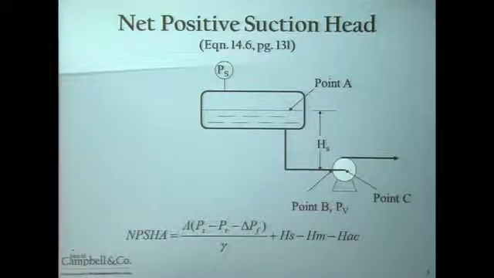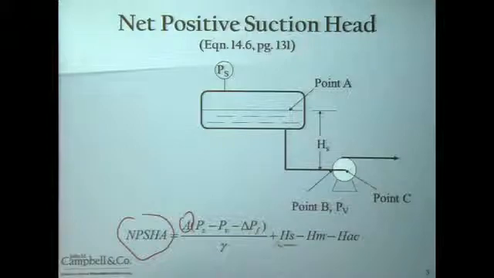The net positive suction head available is determined by this equation shown on the slide. It's some kind of constant. This is not an area, but it's a constant, times the absolute pressure of the suction vessel, P sub S, minus the vapor pressure of the fluid, minus the frictional pressure drop, divided by the relative density of the liquid.